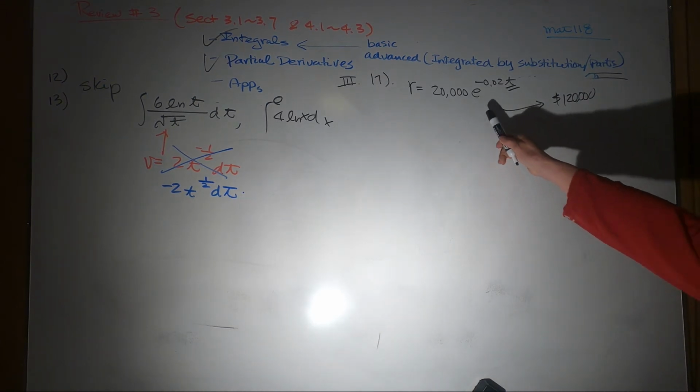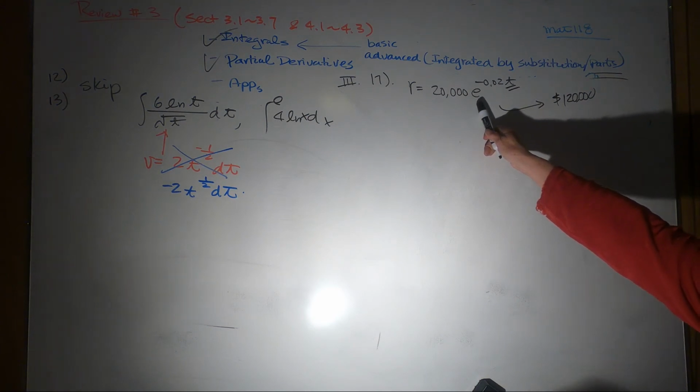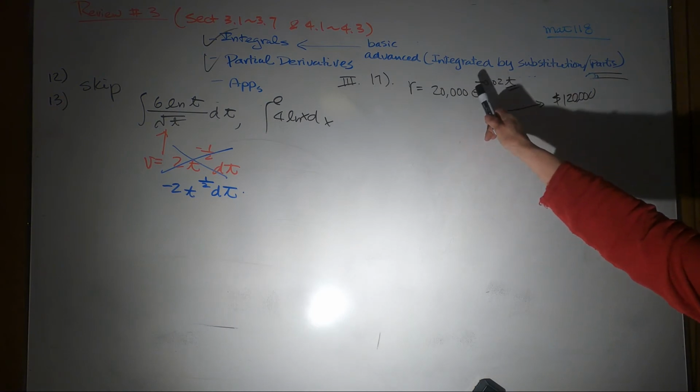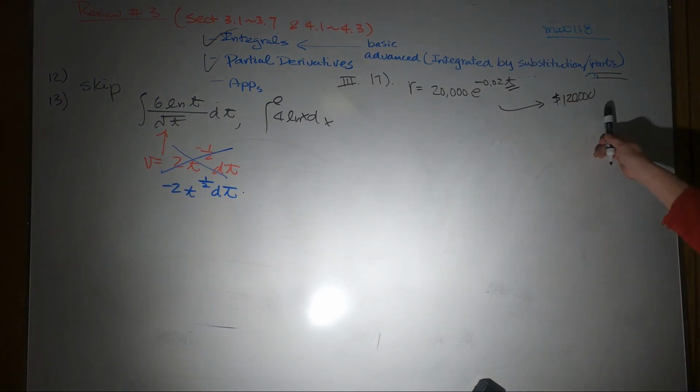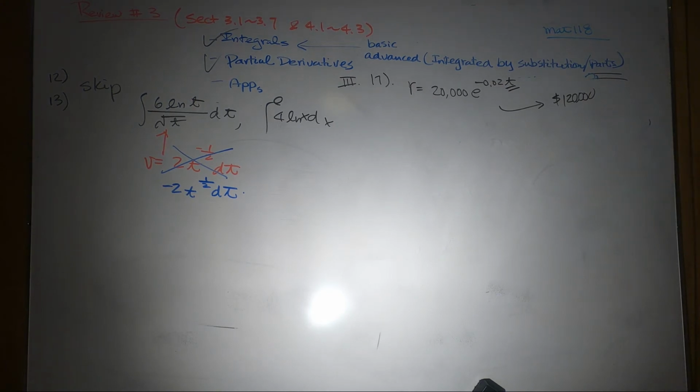So this one is like your continuous stream of income, right? So your income for how many years, up to $120,000. Then that would be your total saving, right? So it means what? Pays by itself.